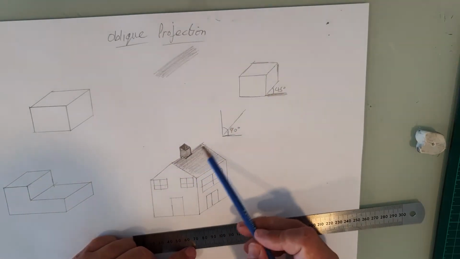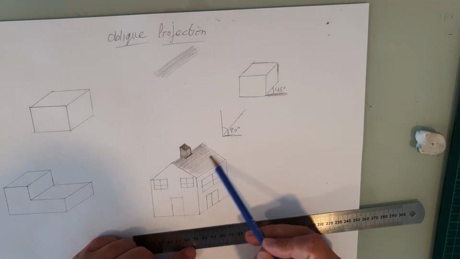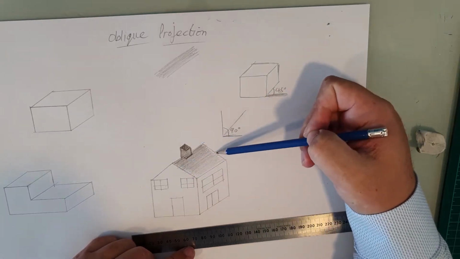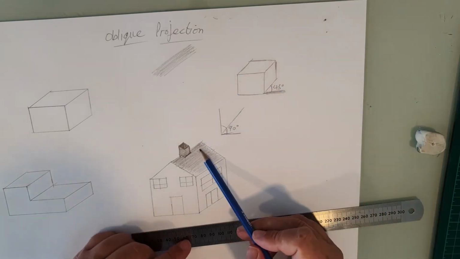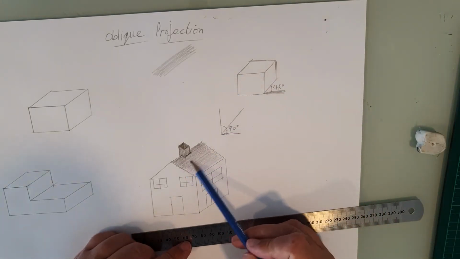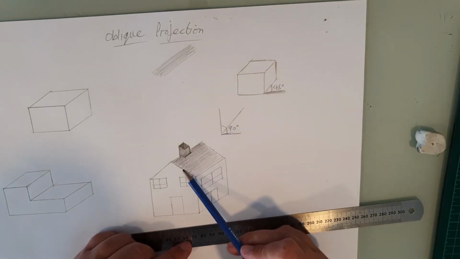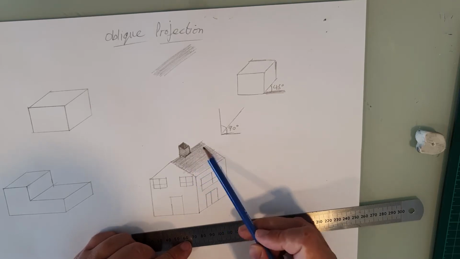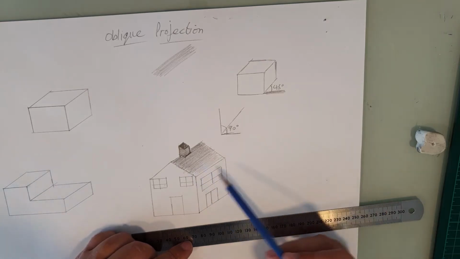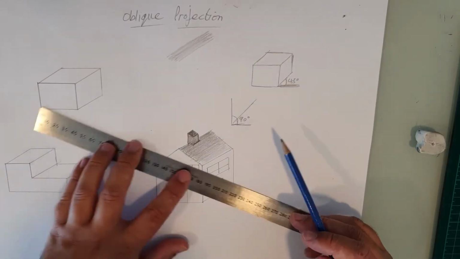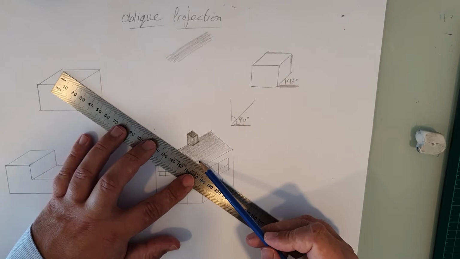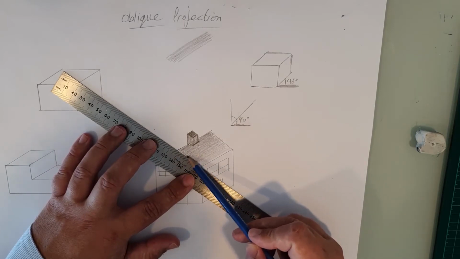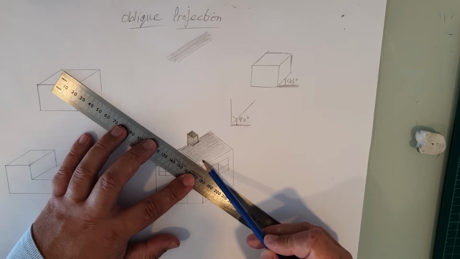So just practice that here. Try and be as controlled as possible. You are going to go over, but the less you go over, the better. The more you practice, the more control you will have with your pencil. If you do go over, you can just rub it out because you're doing this quite lightly. See, the other trick is putting your ruler there. I tend to do that just at the end, just to fill in those gaps.